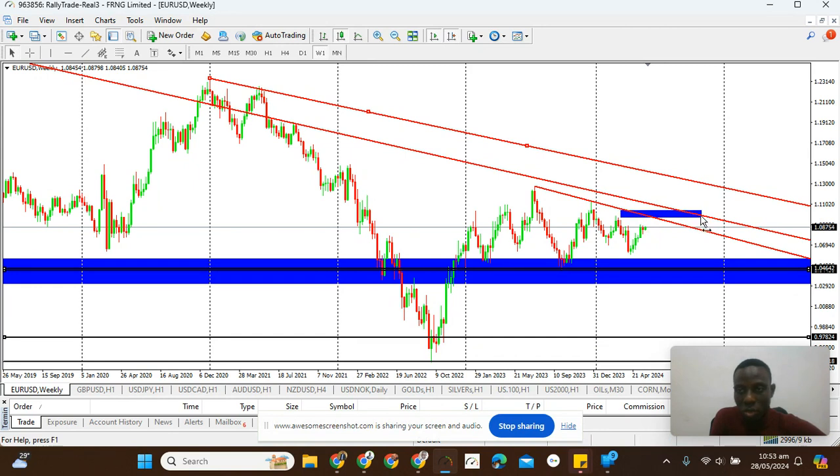This is a critical point for price, somewhere around there. And if you check all the way back to those points, identifying support and resistance.